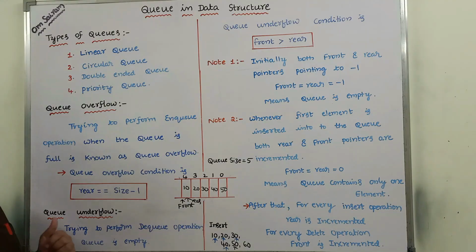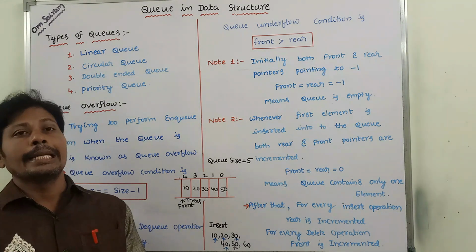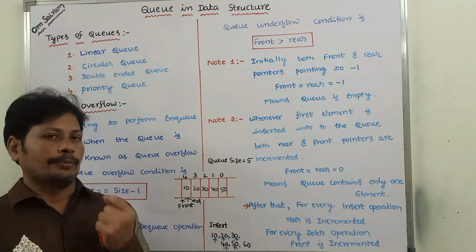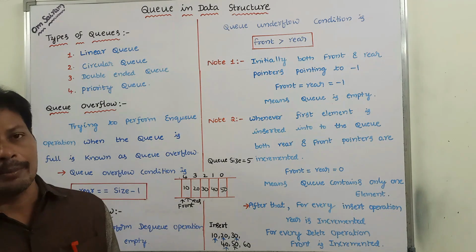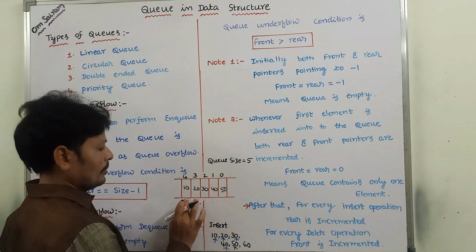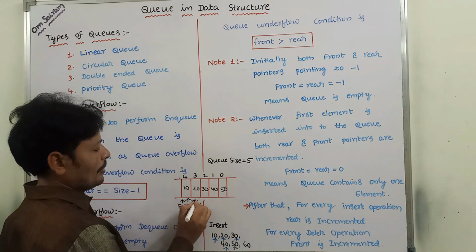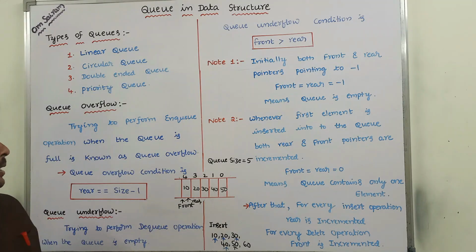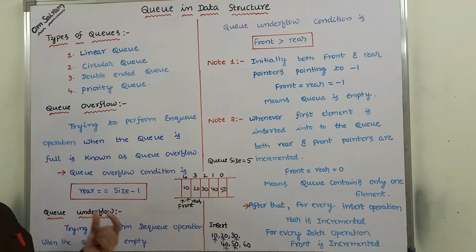Next one, queue underflow condition. Trying to perform delete operation or dequeue operation when the queue is empty. For example, rear pointing to this one also. Suppose we want to perform delete operation or a dequeue operation.